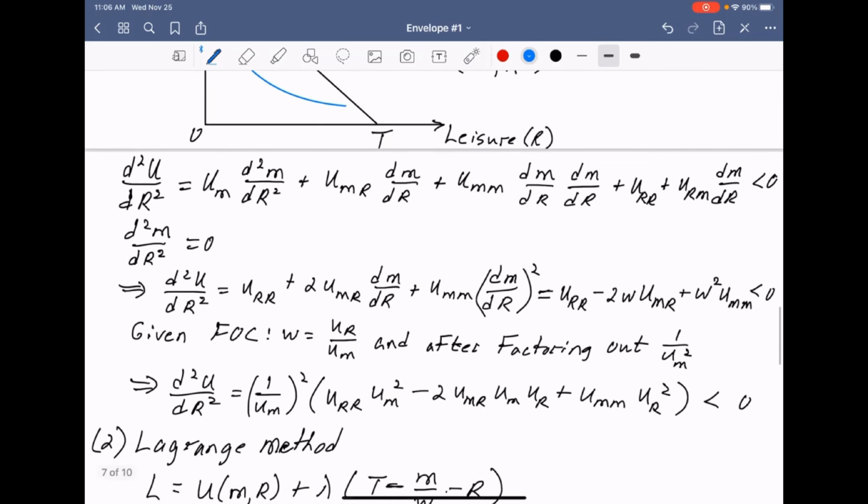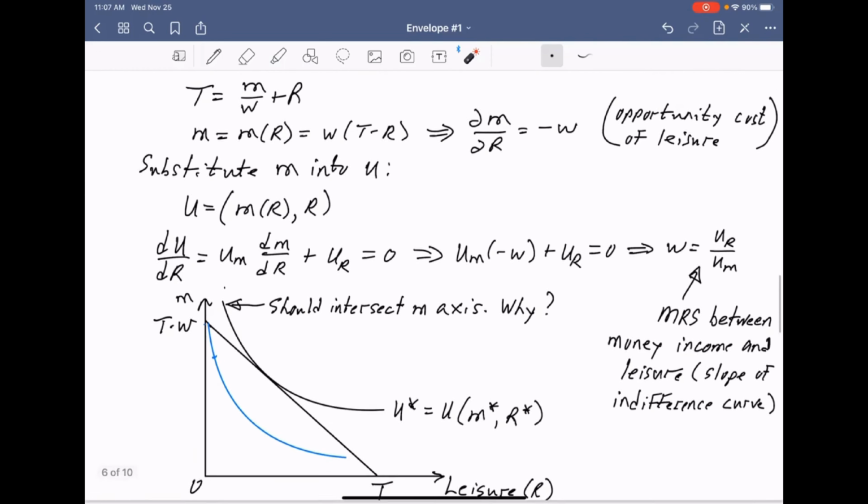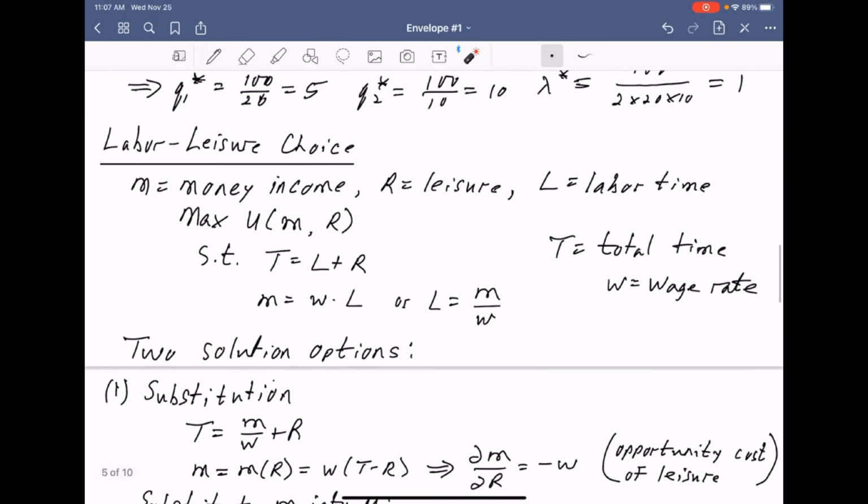So now we take the second derivative of the utility with respect to R, and we get this result here, and it has to be less than 0. And we require that the second derivative of income with respect to R has to be 0, and that's because of the way that this constraint is set up.